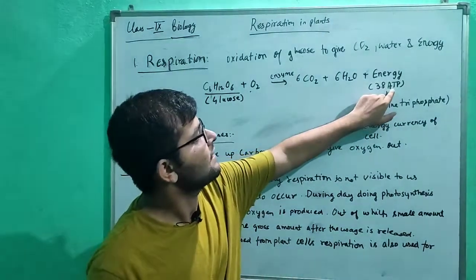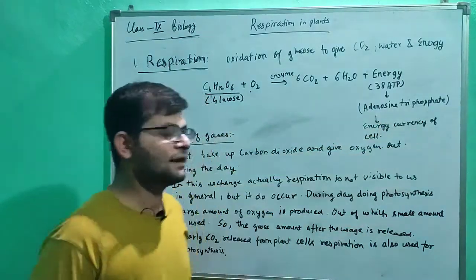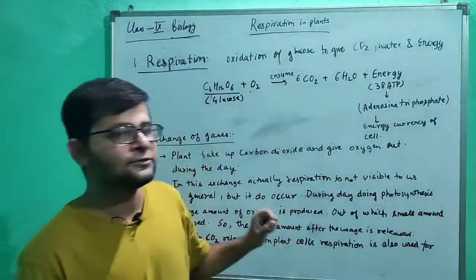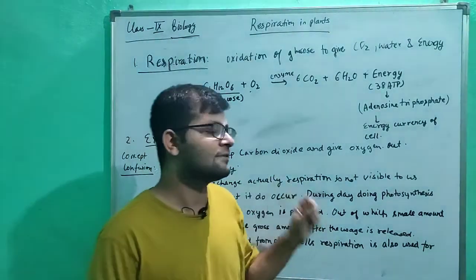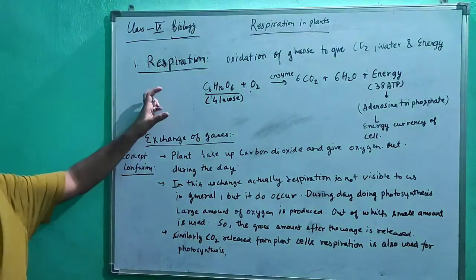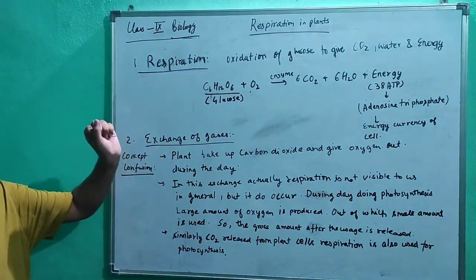There is written ATP. This ATP stands for adenosine triphosphate, and the adenosine triphosphate is also known as the energy currency of the cell. So this is the basic thing we are going to study in this chapter.